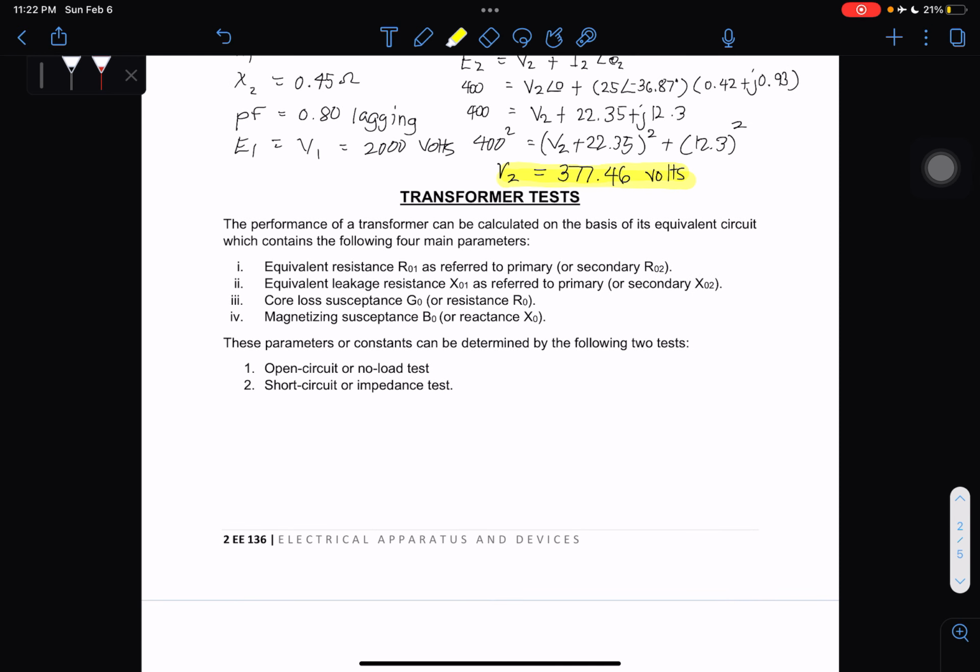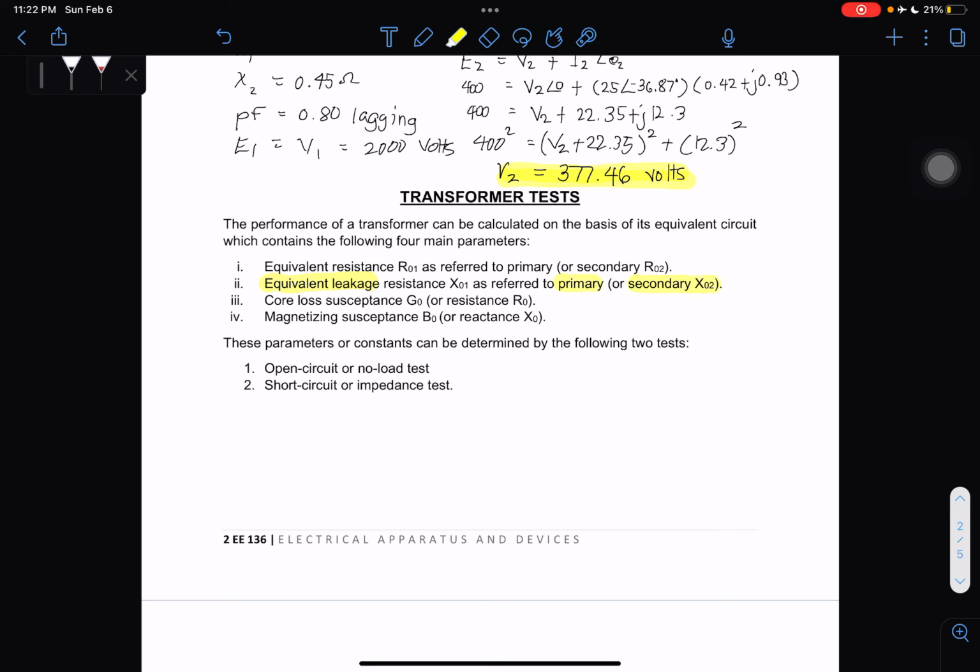For the transformer test, the performance of a transformer can be calculated on the basis of its equivalent circuit, which contains the following four main parameters. First, the equivalent resistance RO1 as referred to primary, or RO2 for secondary. Second, the equivalent leakage reactance XO1 referred to primary, and XO2 for secondary.